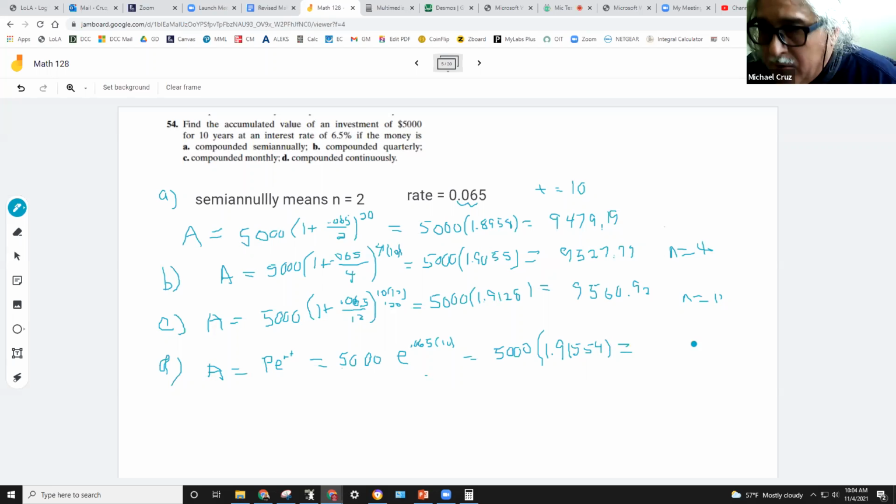And then that comes out to 9,577 and 70 cents. And you see that that is more than any of the other ones, because when you compound continuously, you're taking interest that you've already gained and immediately putting it into the principal. All right, any questions?